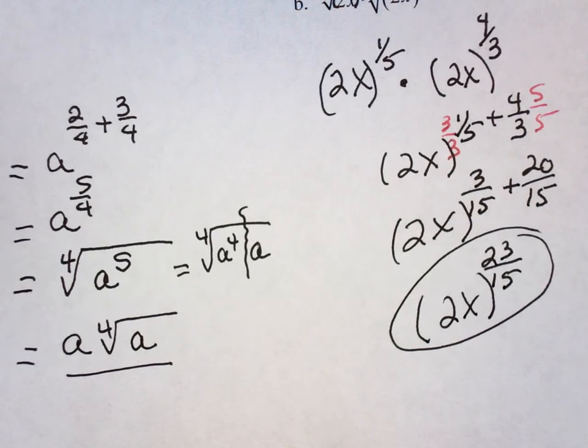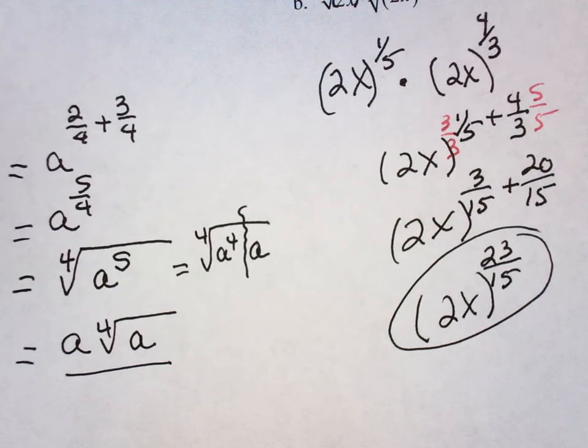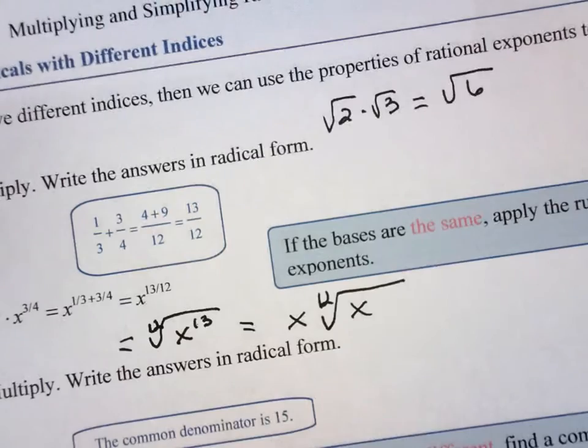Well, what did it tell me to do? What are the instructions? Write my answer in what? Radical form. Now, the examples that they give, did they write their answer in radical form? Let's go up and look at the example.